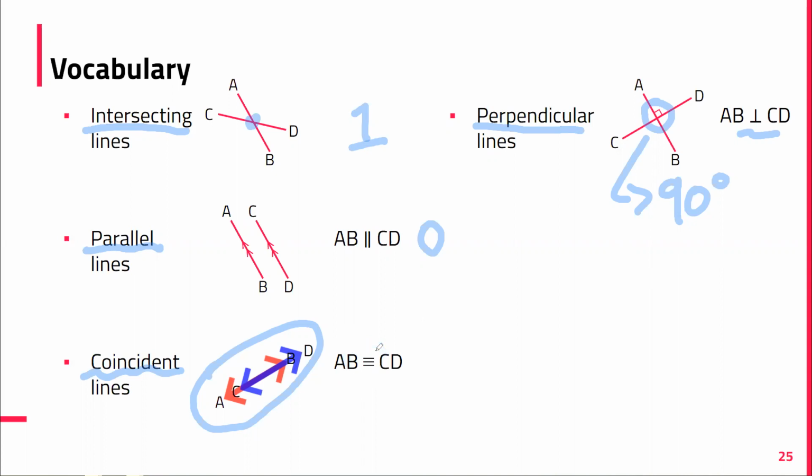And in this case, how many points of intersection do we have? Infinite. So every point that's on one of the lines is also on the other line. They are perfectly overlapping, or we could even think of them as being the same line. So it's an infinite number of points of intersection. So 1, 0, or infinite. These are the 3 basic possibilities for types of intersections. So the vocabulary here: perpendicular, parallel, coincident.